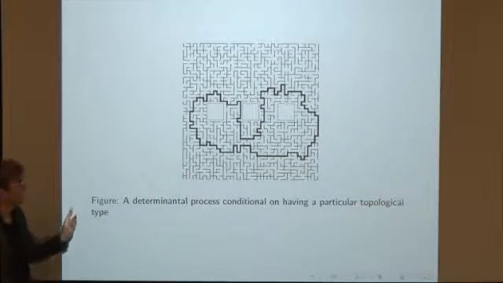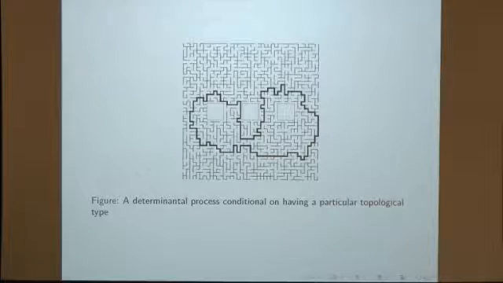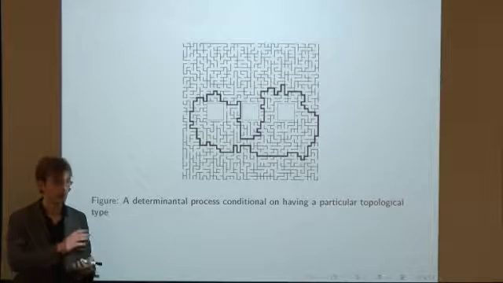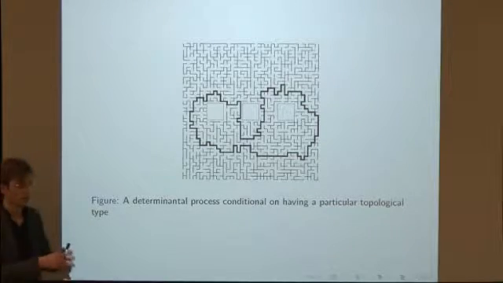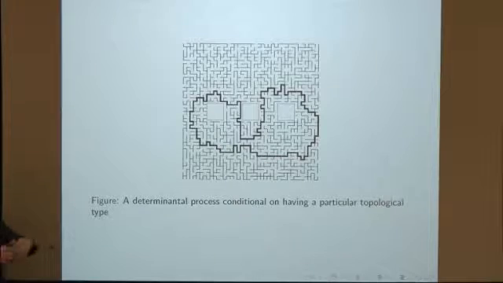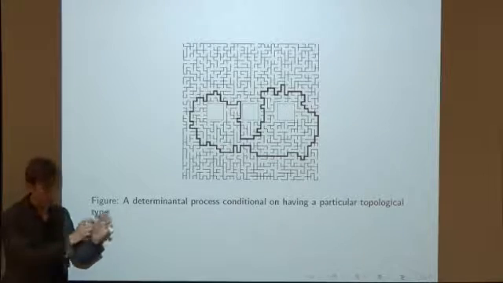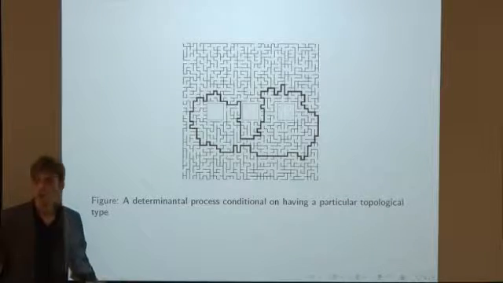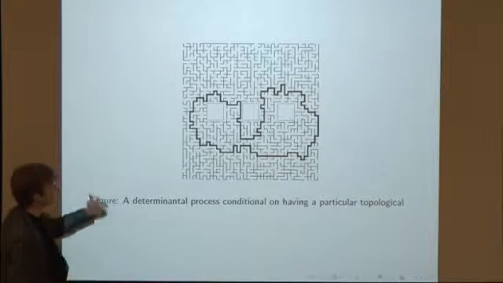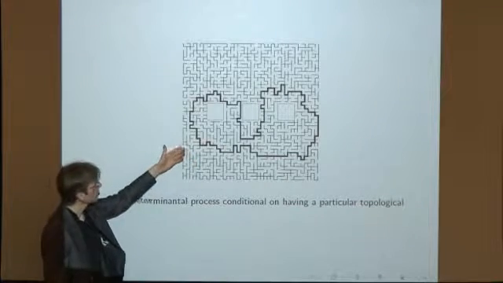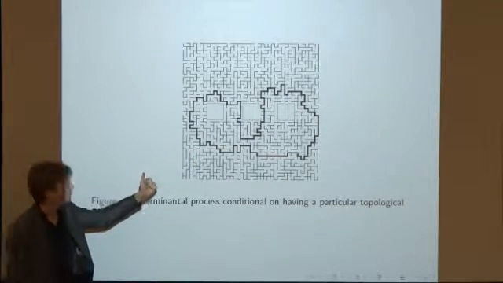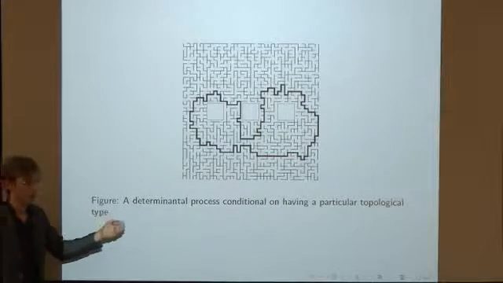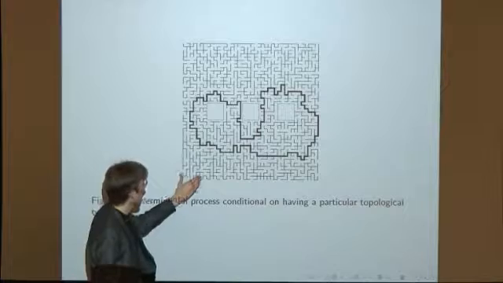This was proven by Burton and Pemantle: the uniform spanning tree is a determinantal process, in the sense that the probability that k edges are inside is a k by k minor of some kernel. It turns out that these measures on CRSF are also determinantal processes viewed as point processes on the edges.